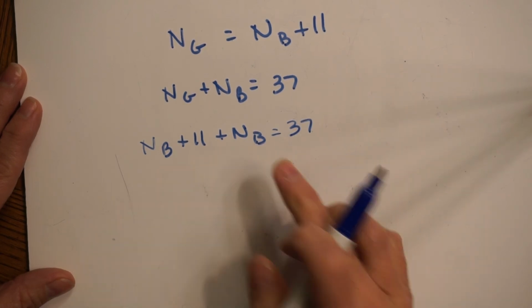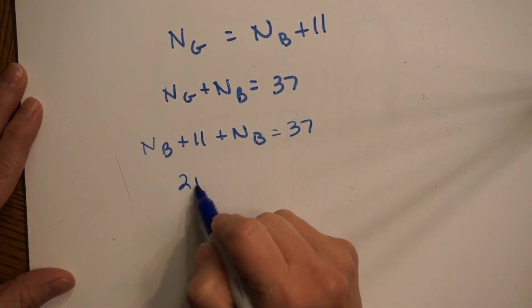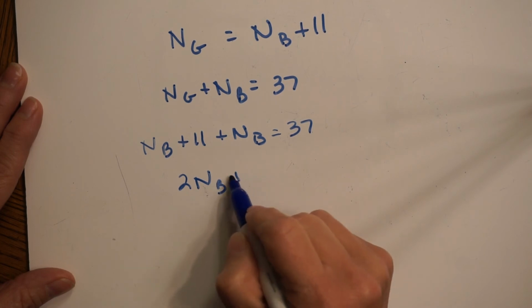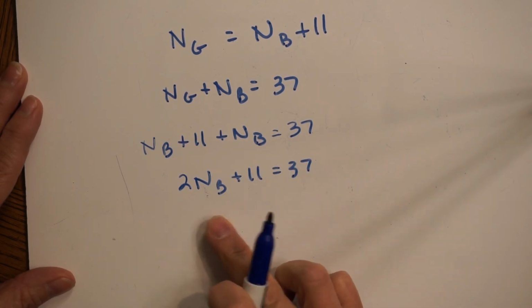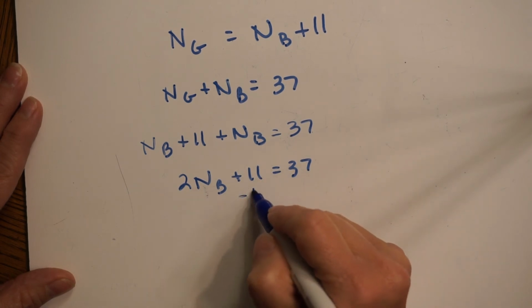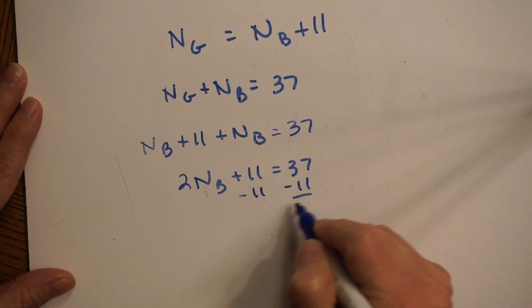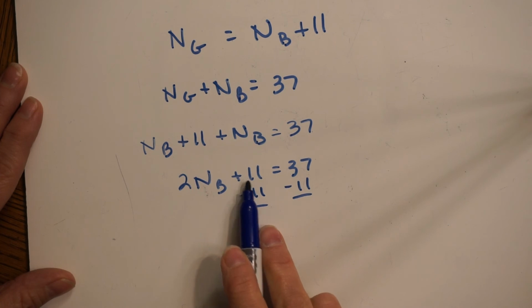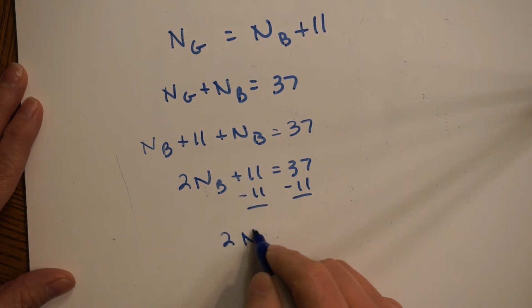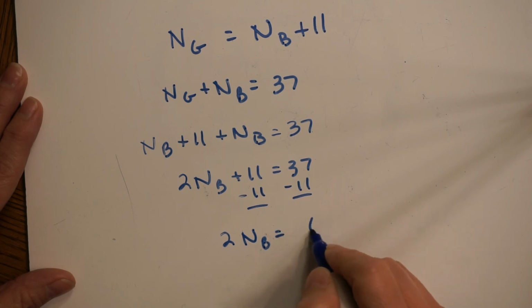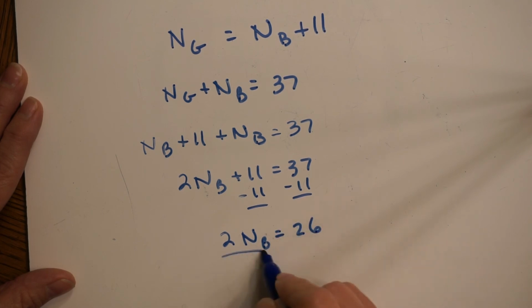Combine like terms on this side. So 2NB plus 11 equals 37. We want to get the variable by itself, so we're going to move this over here by subtracting 11 from both sides because it was added. We do the inverse operation and subtract. 2NB is equal to 26.